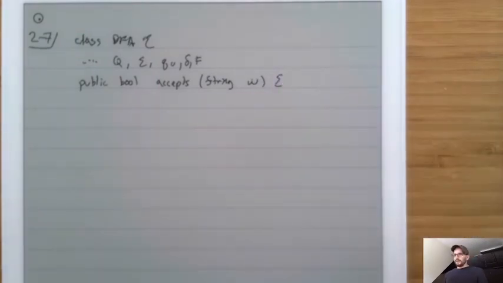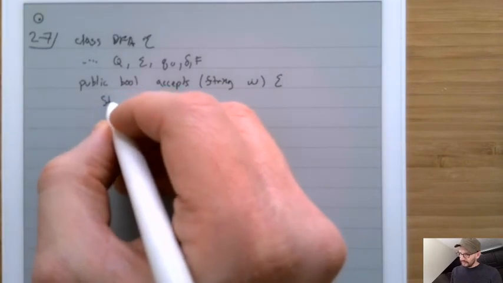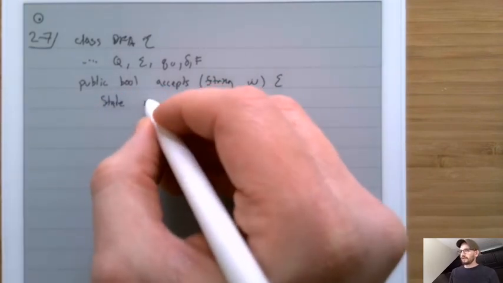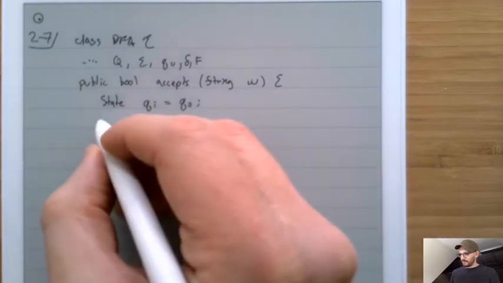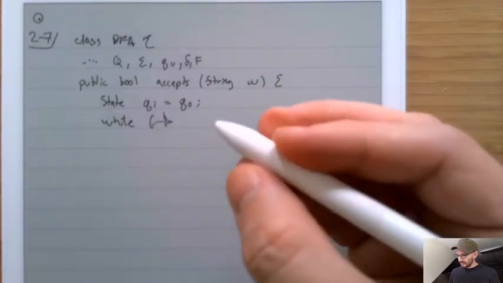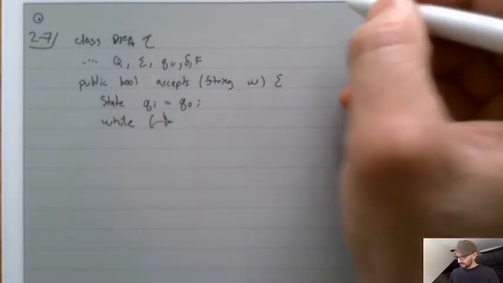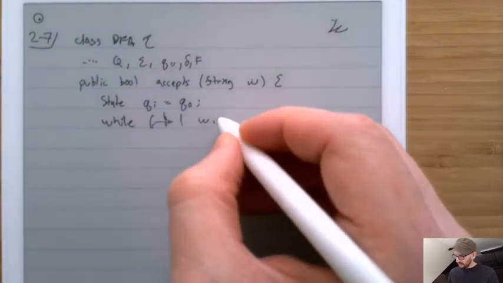Okay. So then what we want to do is have a little loop. There'll be a state called Qi, and it's going to start off as Q0. Then we'll have a while loop that says, while it's not the case that W is empty.